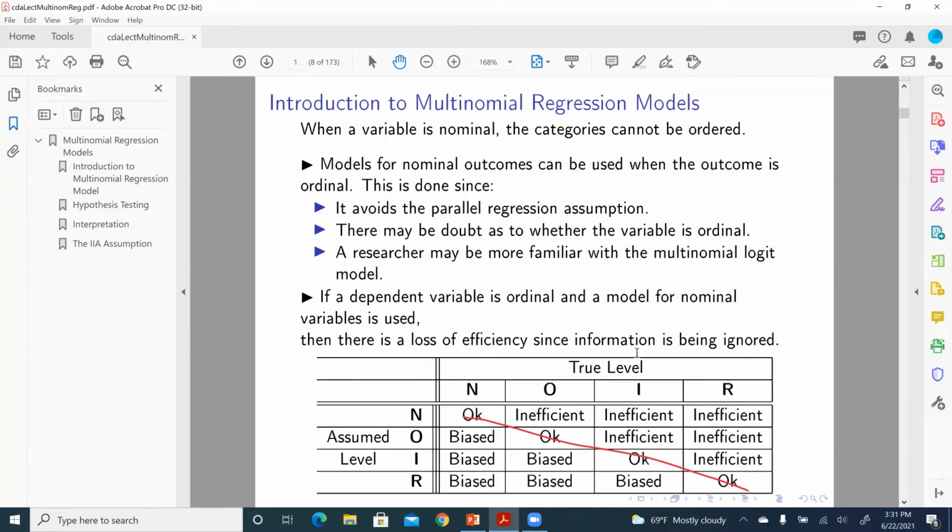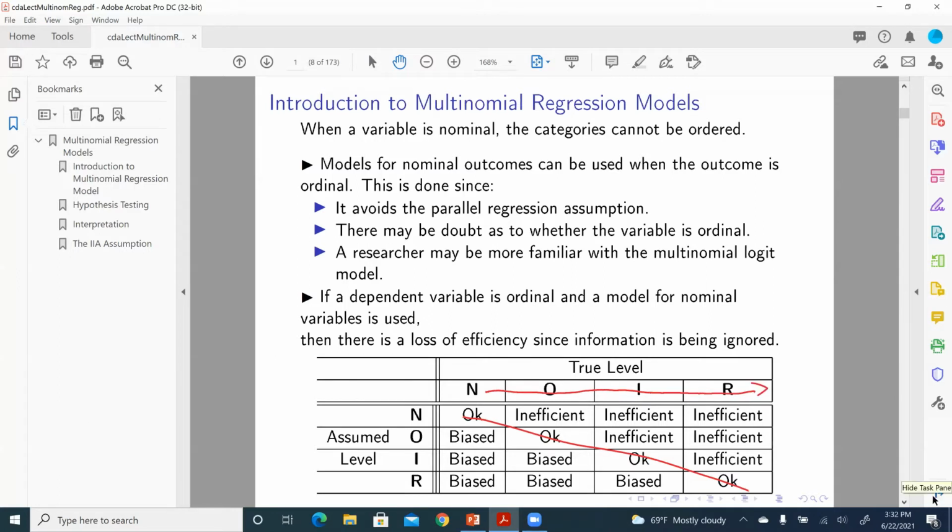And here, I want to talk about a table that discusses what's going to happen when there's a perfect match between the true level of measurement and the assumed level of measurement, and when there is a mismatch of the two. So here, for these columns, we have nominal, ordinal, interval, and ratio variables.